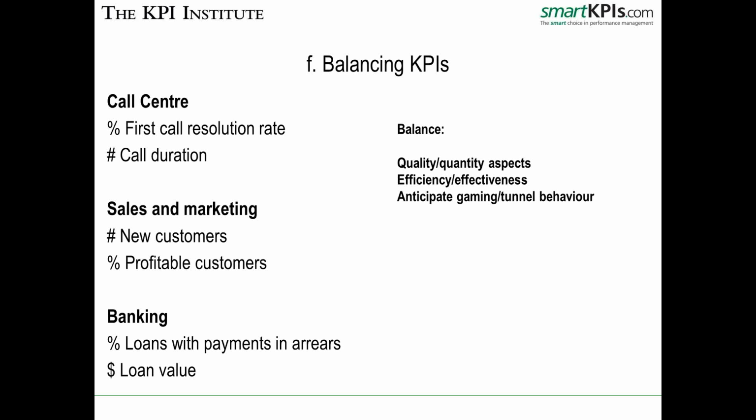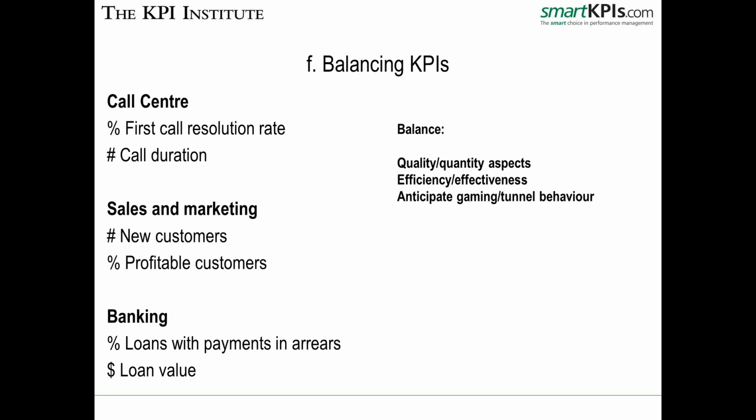Other options for balancing: in sales and marketing, oftentimes we monitor new customers and market share. Well, certainly we can have new customers and we can increase the market share, but the question is, are we actually making money? Are we still operating with profitable customers? So what we can monitor here is also the quality of our customers. Percentage of profitable customers is a possible KPI, as not all of our customers are profitable.